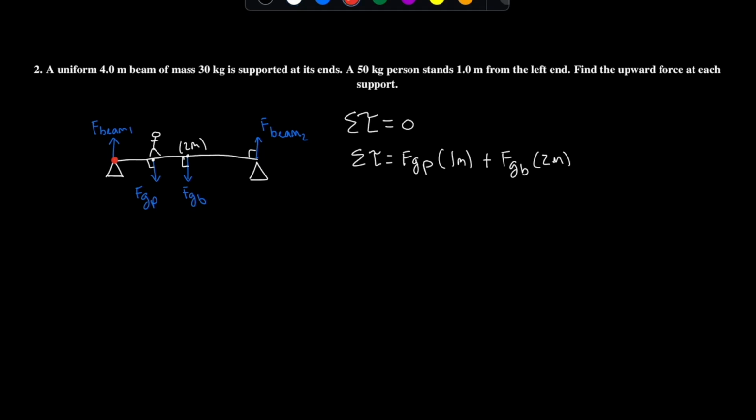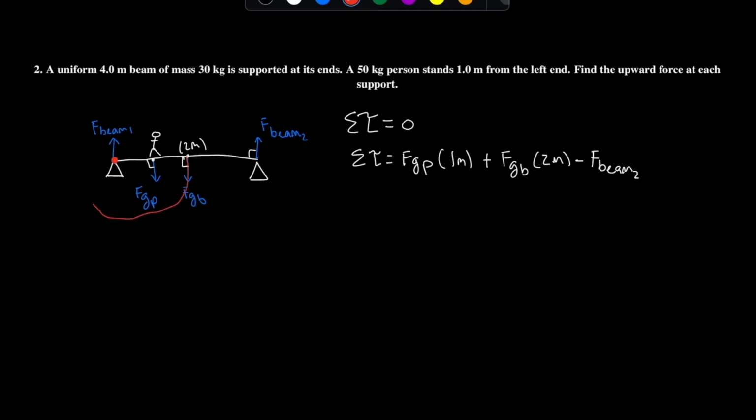Now, we also have F beam 2, and it's going to have its torque. I chose the forces of gravity of the beam and the person to be positive, which means that we need the torque from F beam 2 to be negative. The reason why is because the force of gravity of the person will rotate that beam in a clockwise direction.